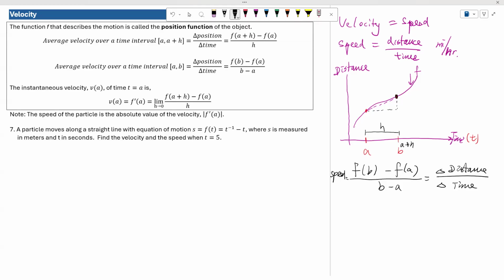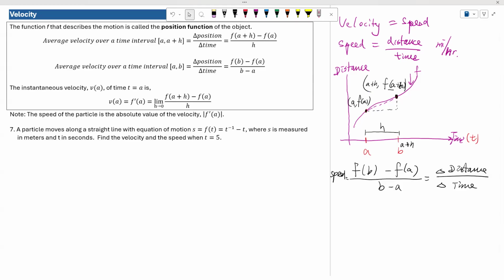And of course, for this point right here, the output is f of a plus h, and the input will be a plus h. So we have this point right here. And of course, this point will be f of a, right?